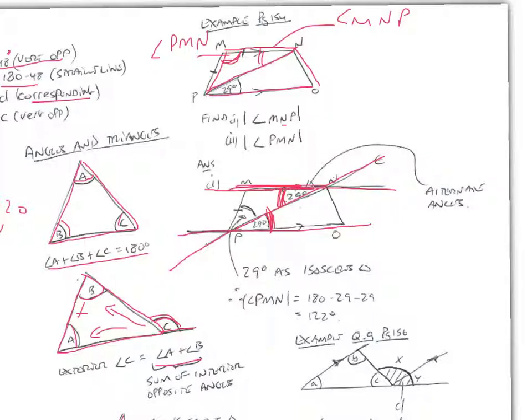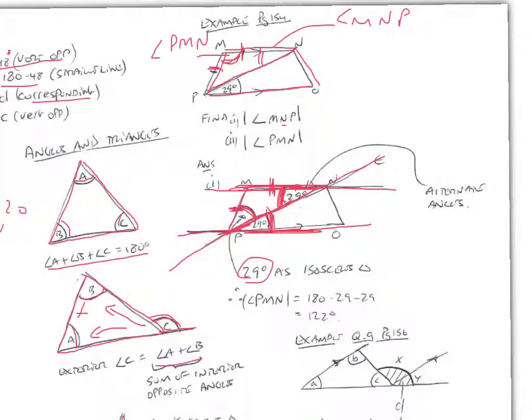There is the Z. Okay, and if this side here is equal to that side there, that's given to us at the beginning, then this is an isosceles triangle, and the angles opposite the equal sides are also equal. So this angle opposite this side is equal to this angle opposite the other equal side, so that must be 29 degrees as well.